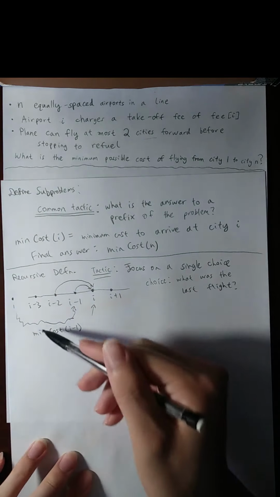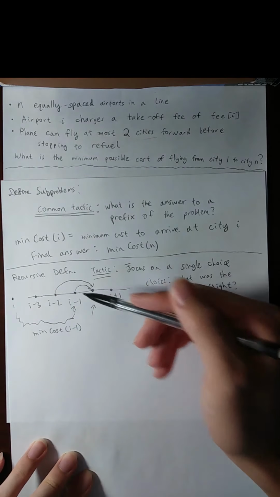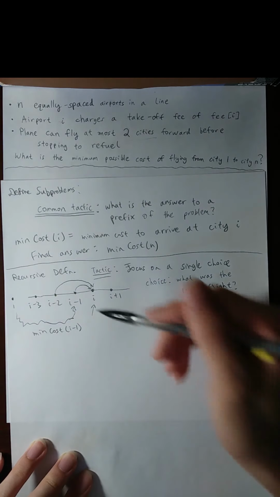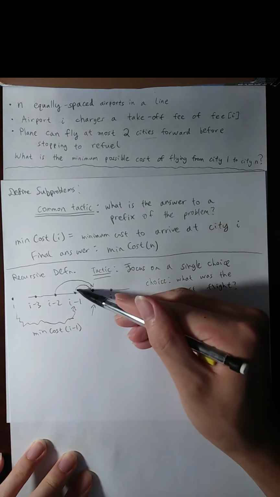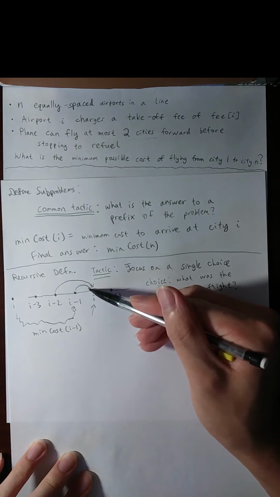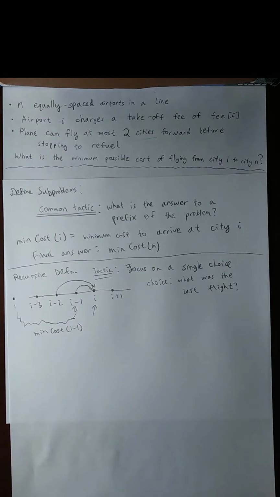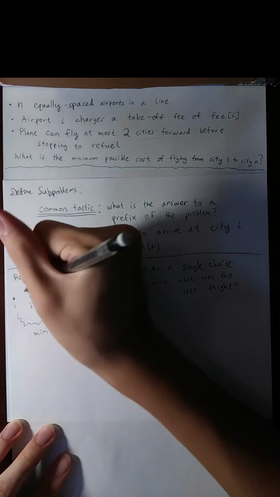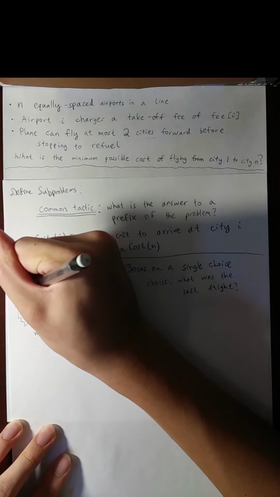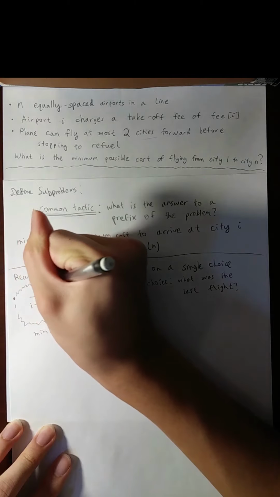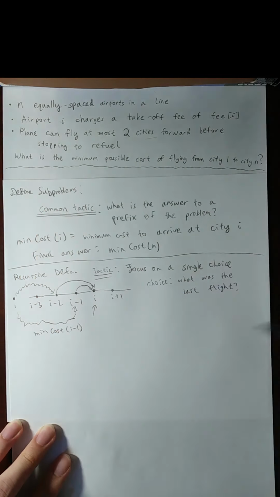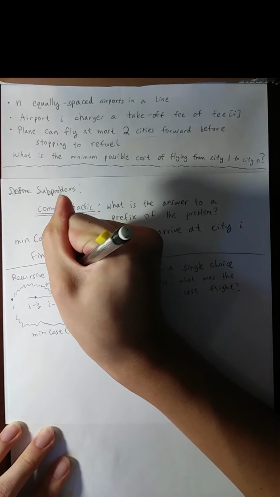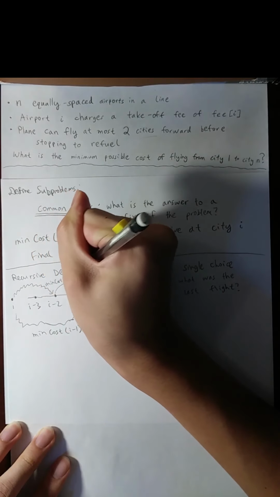And then once we've arrived at City i-1, we need to pay the takeoff fee for City i-1 to take off from City i-1 and make this last flight to City i. Similarly, the other choice would be to first go to City i-2 somehow from City 1, going on some path, and that would require mincost[i-2] to arrive there.